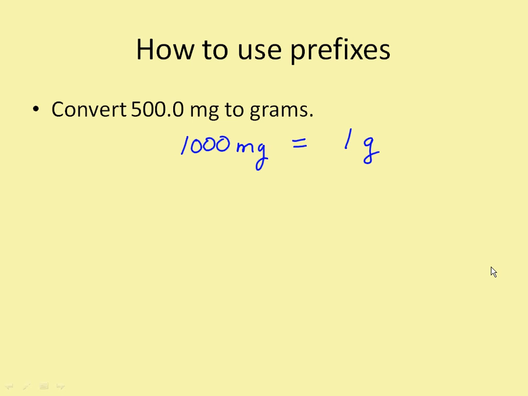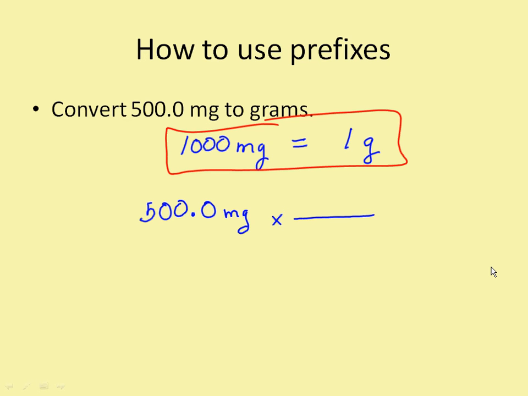So using unit analysis, and I do demand that you use unit analysis, you start with your 500 milligrams. I'm going to set up a ratio of my equivalency, and my units of milligram are in the denominator, the gram is in the numerator, and then I think about the numbers that go with each.